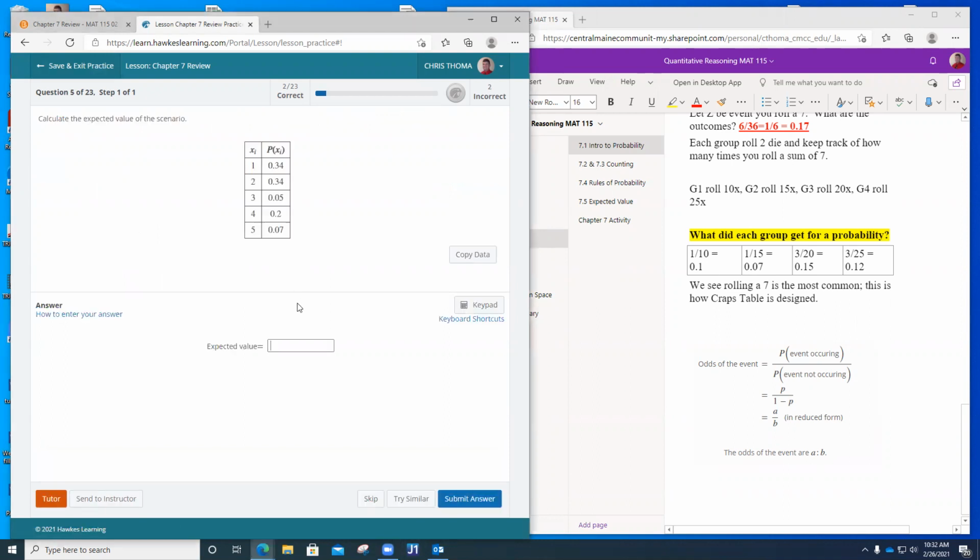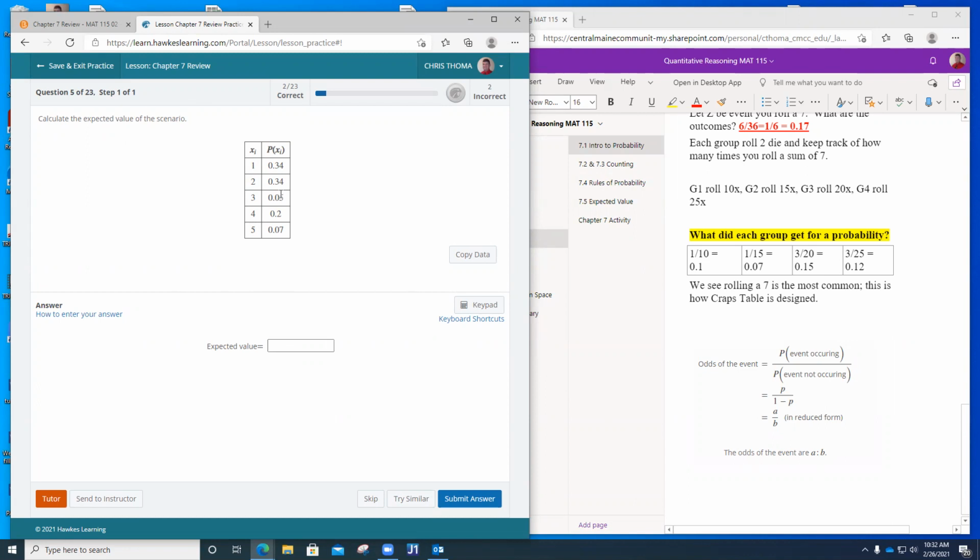Next. Remember to find expected value, we multiply all of these. On my calculator, do 1 times, 2 times 0.34, 4, 5, add them all up, and that is the expected value. That is the same as the population mean. That's under 7.5, right? You just put that into a calculator or Excel.